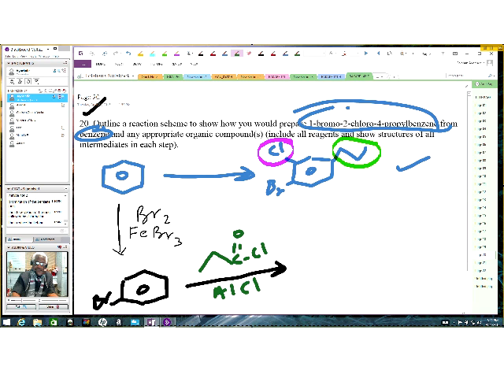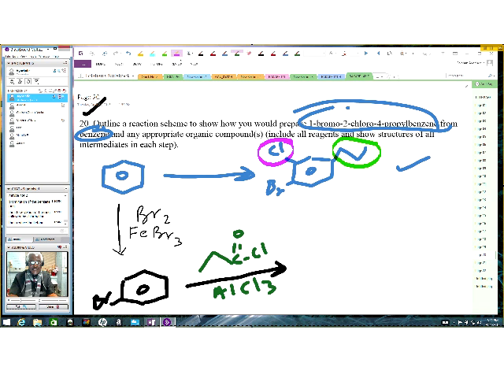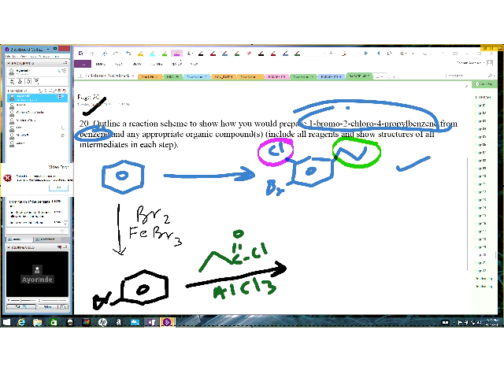So you want to use the appropriate acyl chloride. Keep in mind you need three carbon atoms on the benzene, so that is why I am using this acid chloride here.